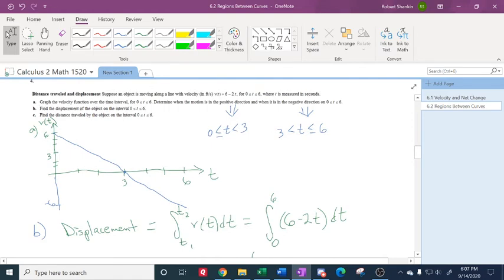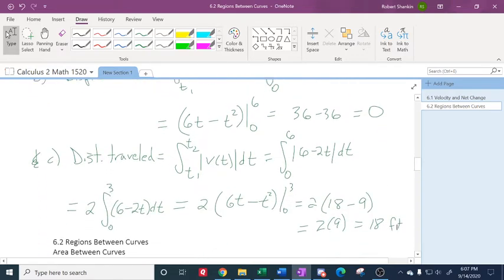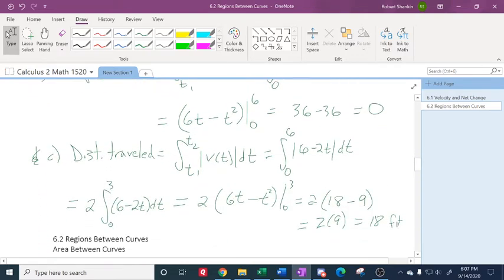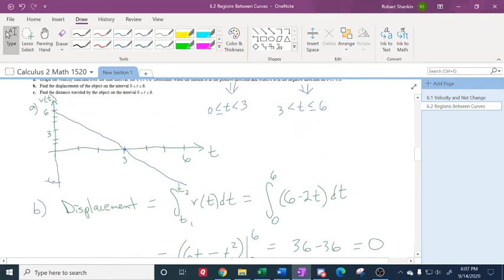Student: Mr. Shankin, can you please explain why the interval changed from 0 to 3 rather than 0 to 6? Okay, it's because of this absolute value. We have a hard time integrating with absolute value. We've got to get rid of it. And so there's two choices. Make the integral go from 0 to 3 and then 3 to 6, and when it's negative, you put an extra negative sign to turn that into positive.